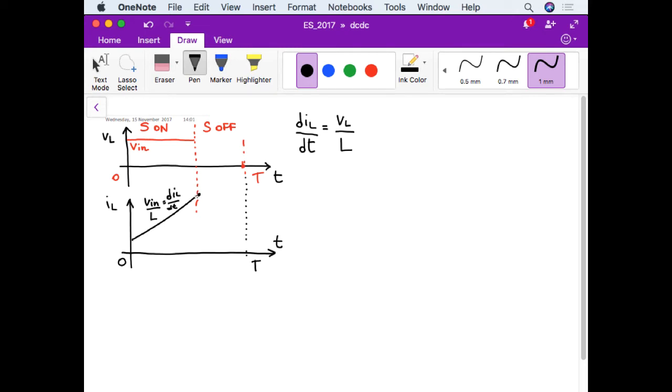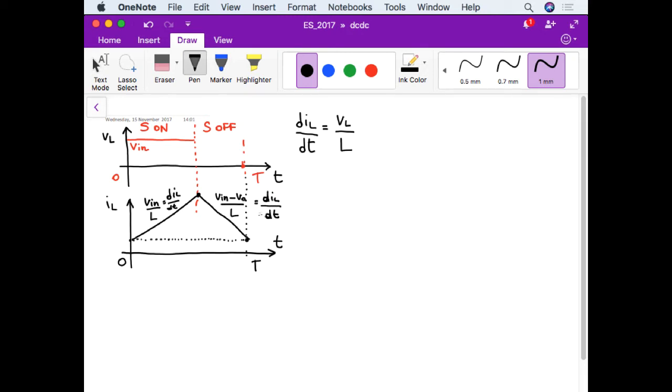Okay? Now, in stationary conditions, the behavior of IL must be periodic, and therefore during the time during which the switch is off, the current must go down to the initial level. So it must behave in this way. During this period, VL is equal to V in minus VO. V in minus VO over L is equal to dIL over dt.